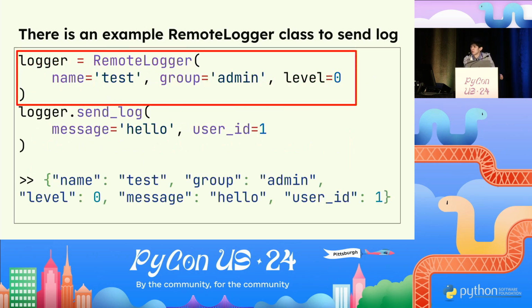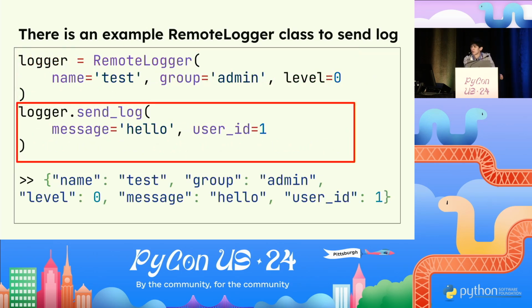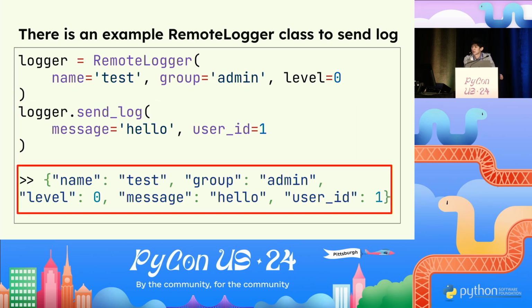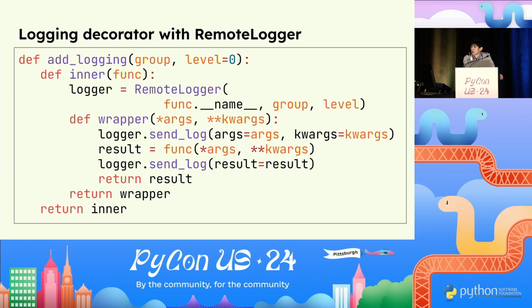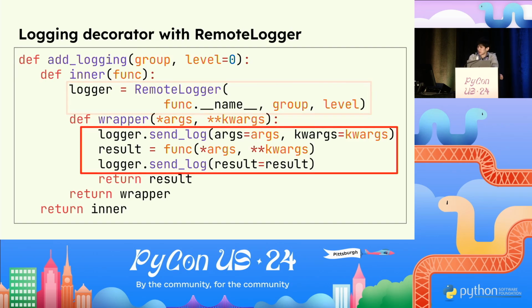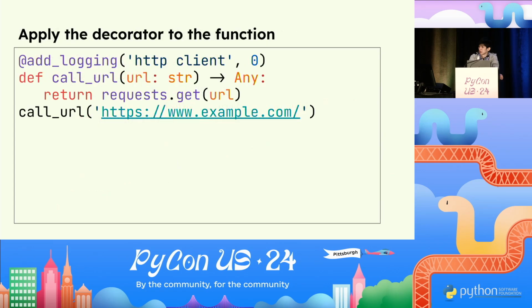It's very simple: instantiate it, call send log, and the server side expects this data, like JSON or some other format. Let's create the simple logger with the remote logger. Now, instantiate it, call send log, call the function and save the result, and send the result like this.